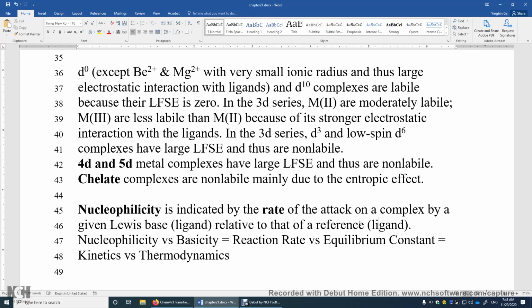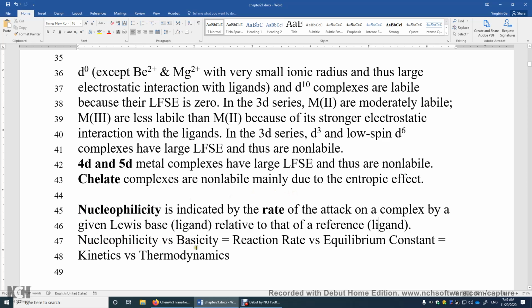And we're just making comparison between the chemical reaction rate constants for those different entering ligands. All right, so we have the same leaving ligand. Okay, that's the same. And then we use different entering ligands to replace the leaving ligand and compare the reaction rate. What's the relationship between nucleophilicity and basicity?